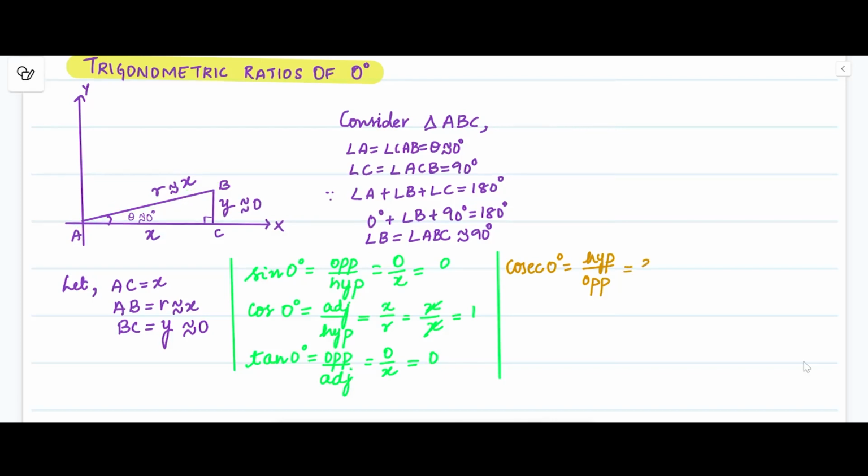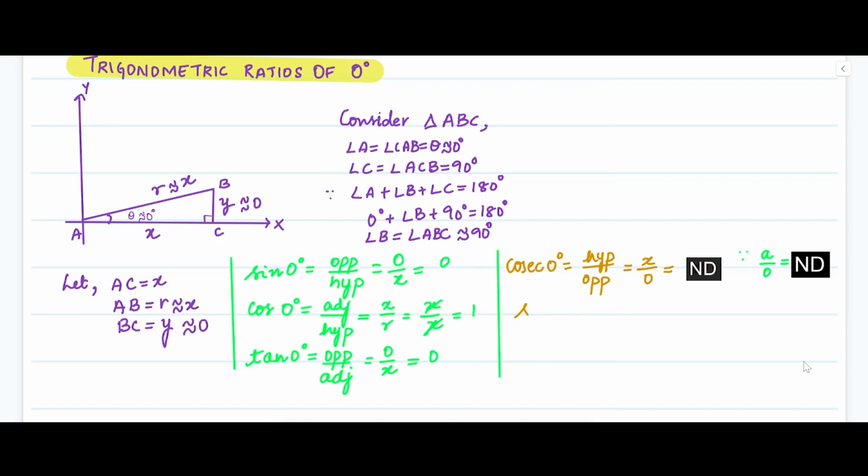So it is x divided by the opposite side of the triangle, which has the value almost equal to 0. That is x divided by 0. Anything divided by 0 is not defined. Whenever we have 0 in the denominator and some value in the numerator, we will get a value which is not defined.